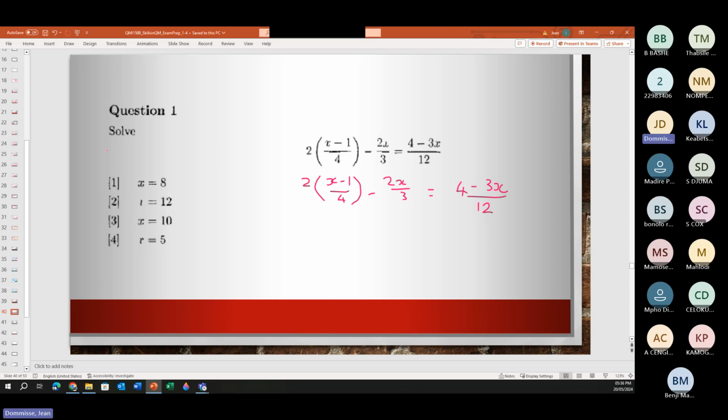What we see out of this is that we need to first get a lowest common multiple for it.